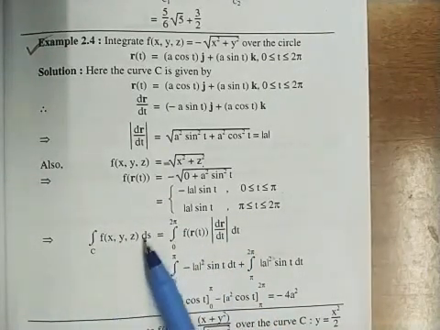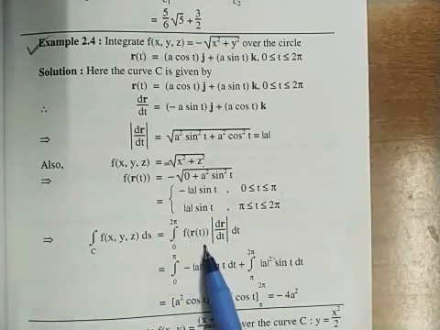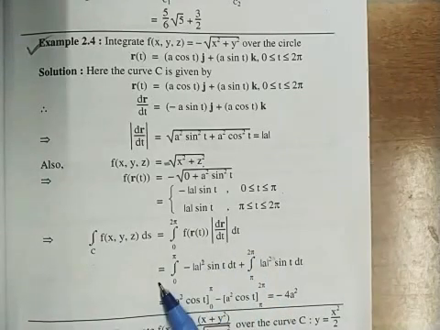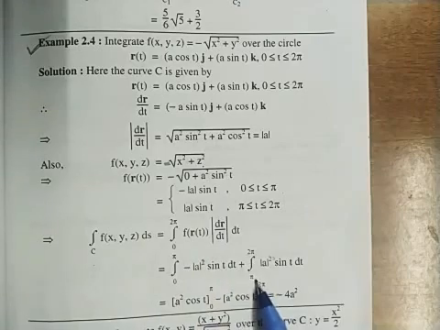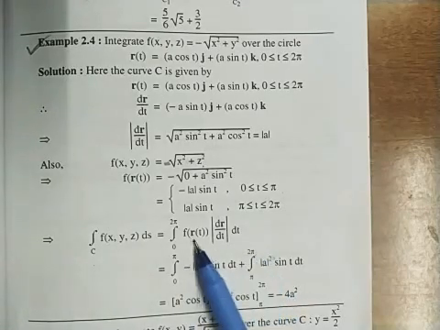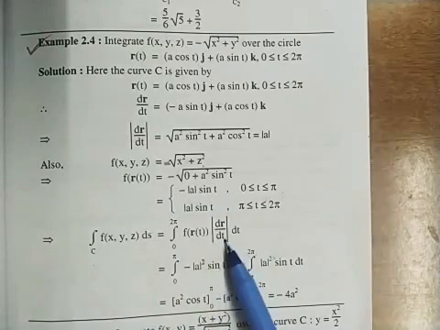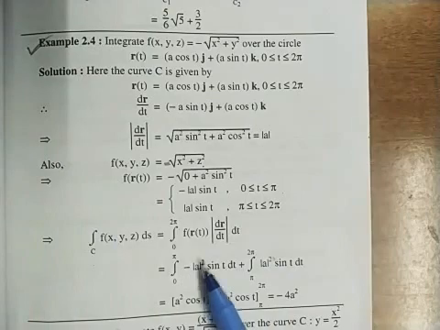The integration of f over C ds is equal to the integration from 0 to 2 pi of f of r of t times the mod of dr by dt dt. So it is the integration from 0 to pi plus the integration from pi to 2 pi. Here f of r of t is minus a sin t, and the mod of dr by dt is mod a, so we get mod a square.